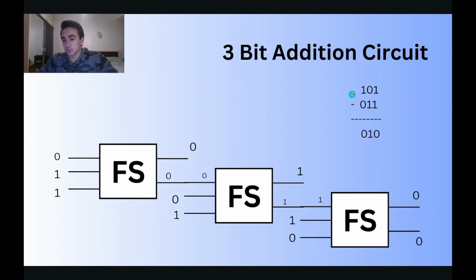In the third column, A is 1 and B is 0. 0 is being subtracted from 1, but borrow in is 1, so the difference is 0 and borrow out is 0. The outputted number is 010. That's 10 in binary and 2 in decimal.